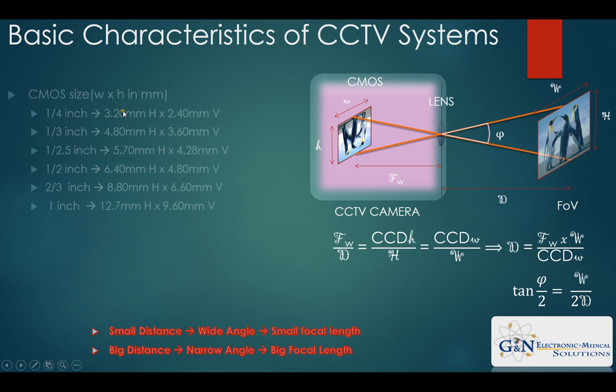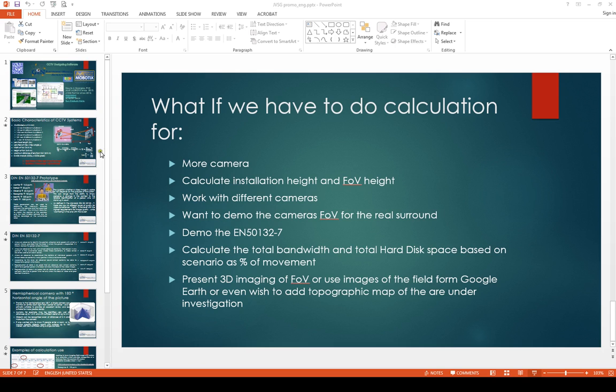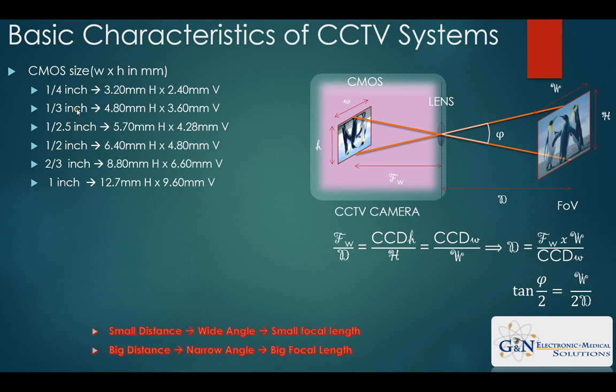As a first step, we know that there are several cameras and we have to know what we are talking about when we talk about 1/4 inch or 1/3 or 1.25, 2.5, or half an inch or an inch.